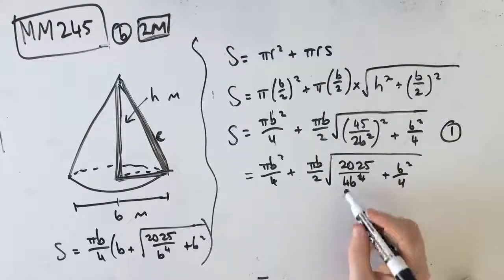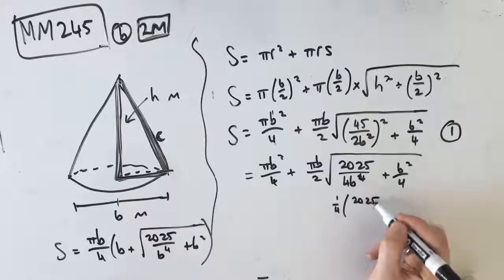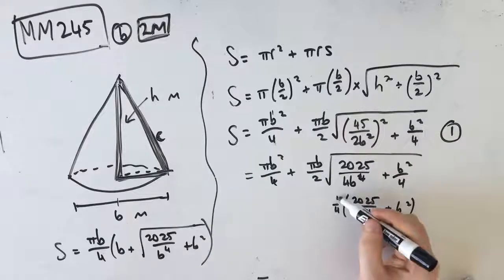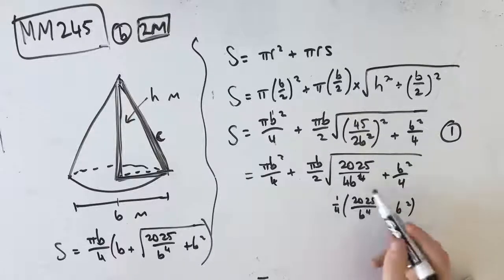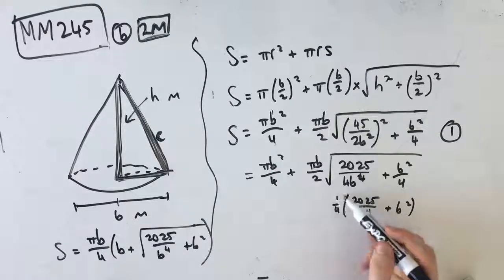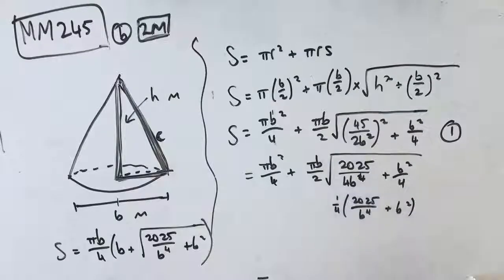What this is actually going to become is we're going to take out 1/4 as a common factor. We get 2025/b⁴ plus b². So we've taken out 1/4 as a common factor here, which means that we have this 1/4 out the front. So square root of a quarter times square root of this. Square root of a quarter is 1/2, so we have 1/2 that comes out the front.